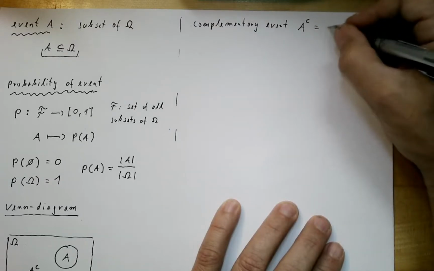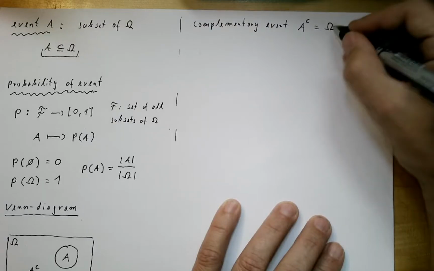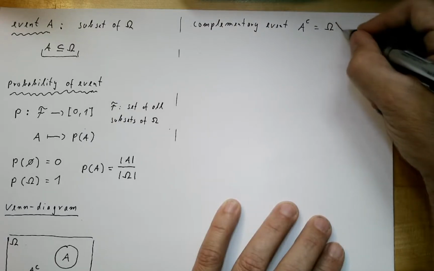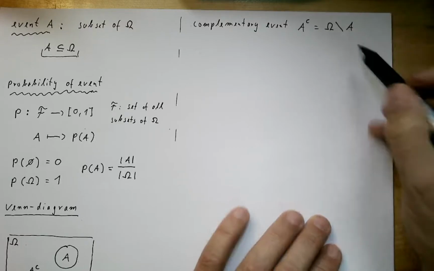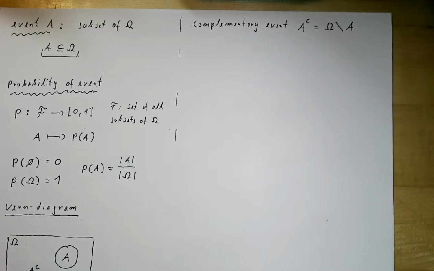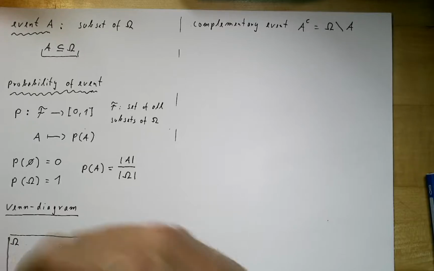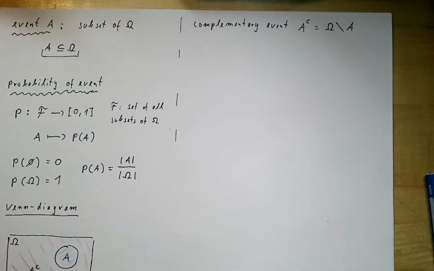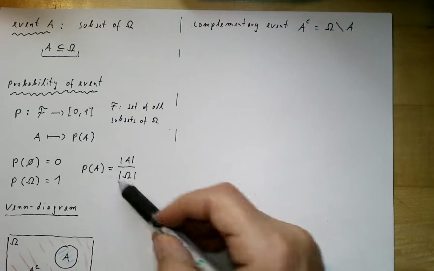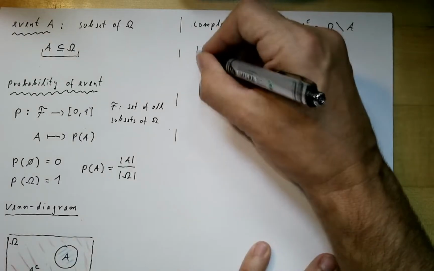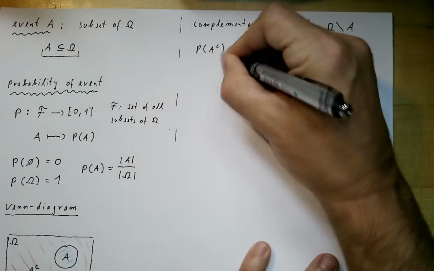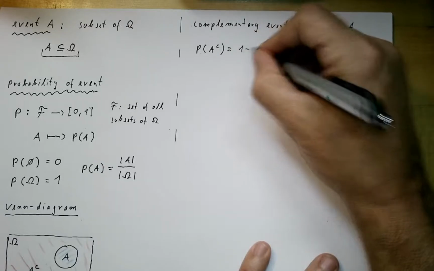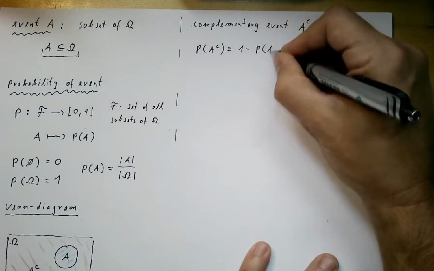That's just the difference of the sample space and our event. So that's just the rest of this. So if A is this blue area, the complement is just the rest. And then if you think about this, you directly see the probability of the complementary event equals 1 minus the probability of the event.